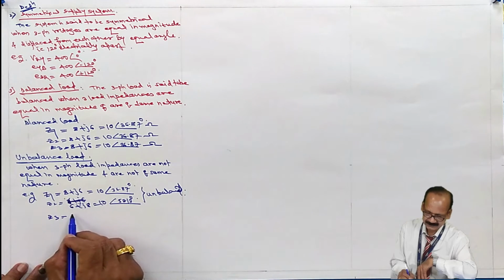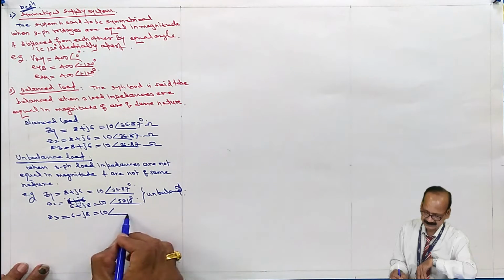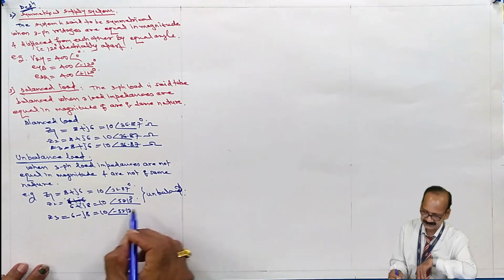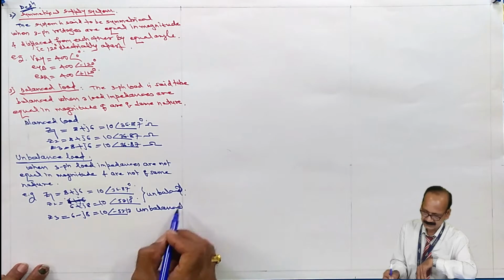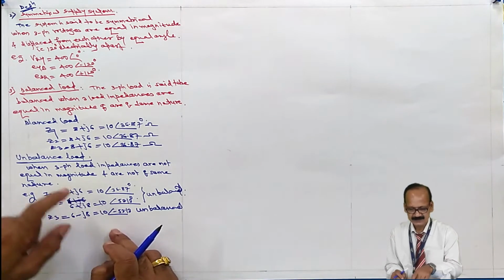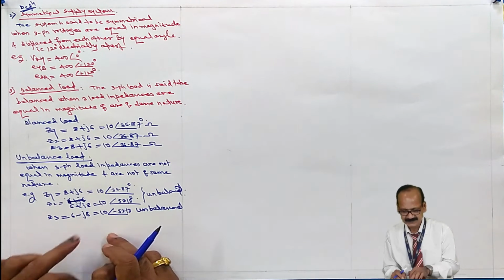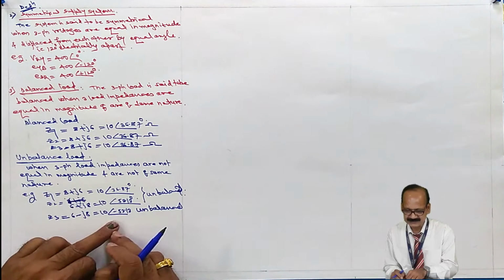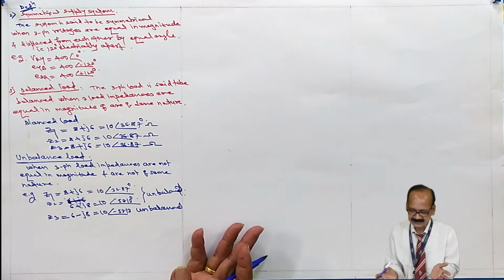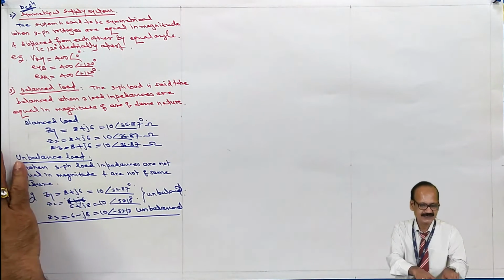Z3 equal to 6 minus j8, 10 angle minus 53.13, unbalanced. This is capacitive. First two are inductive, but their phase angles are different. Here it is capacitive. Magnitudes are same, but this is capacitive, so that is unbalanced. That can also be represented in terms of the currents.